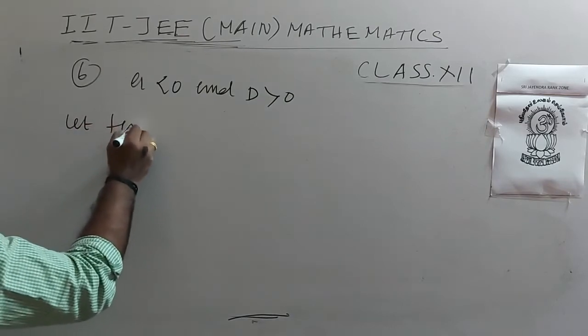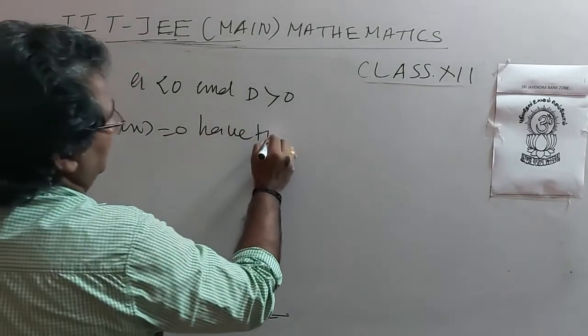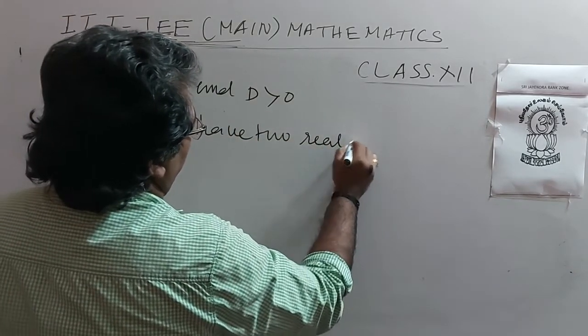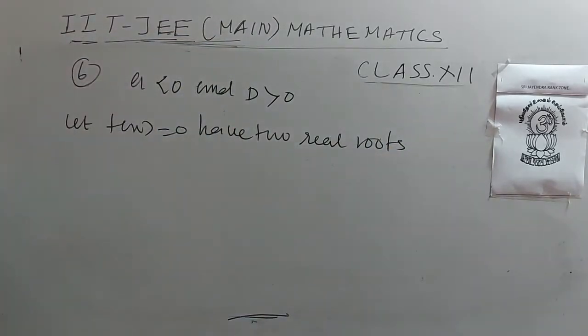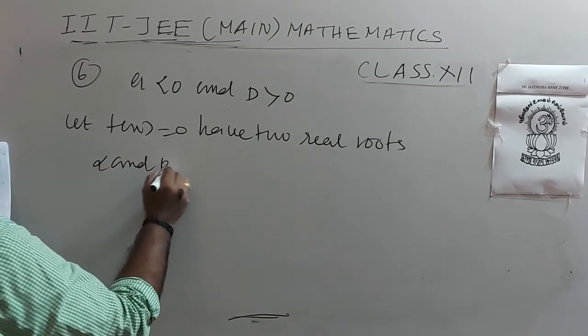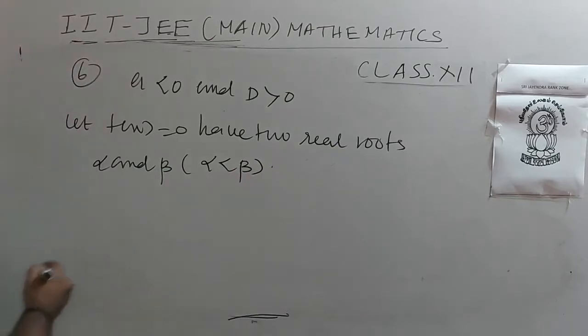Let f of x equals 0 have two real roots alpha and beta. Alpha is less than beta.